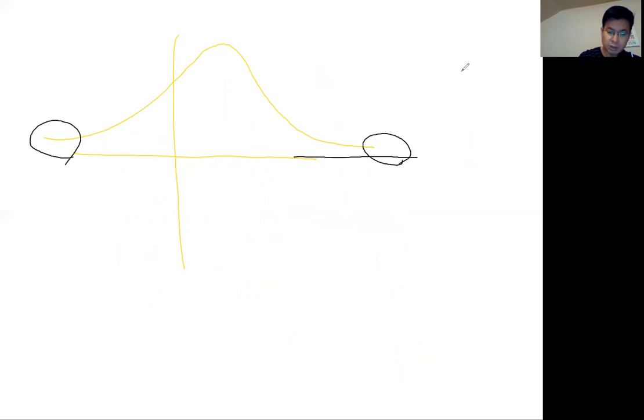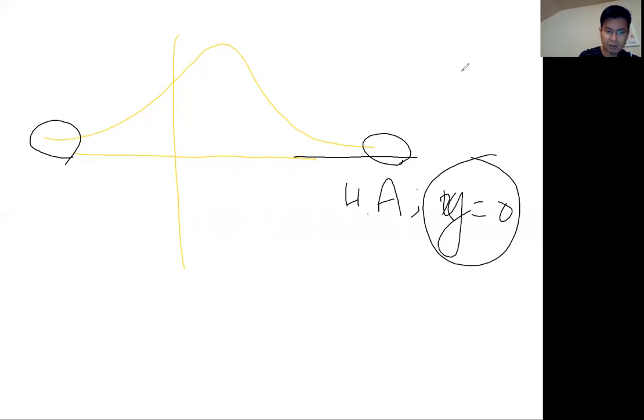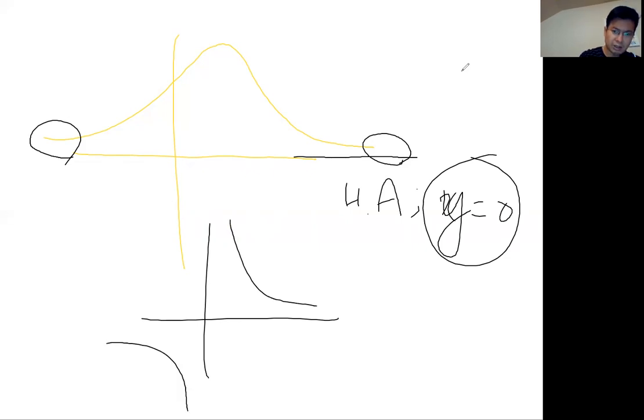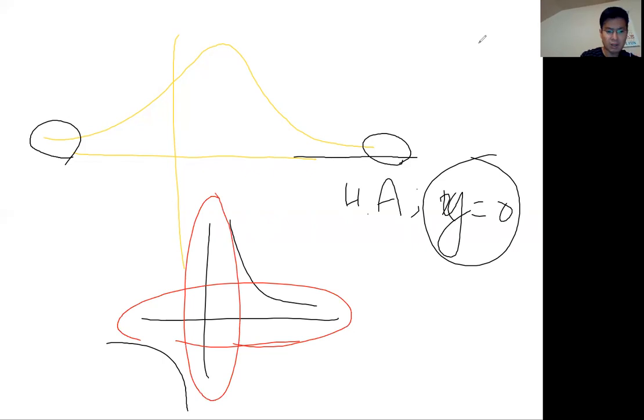So the horizontal asymptote has to be y equal to 0. That's how you see it. Or a graph of this and this, then it has two different asymptotes. The vertical asymptote is x equal to 0, and y equal to 0 is the horizontal asymptote.